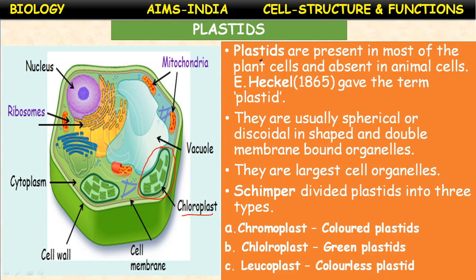These plastids are present in most of the plant cells and absent in animal cells. The scientist Ernst Haeckel, in 1865, gave the term plastid. These plastids are usually spherical or disc-like.